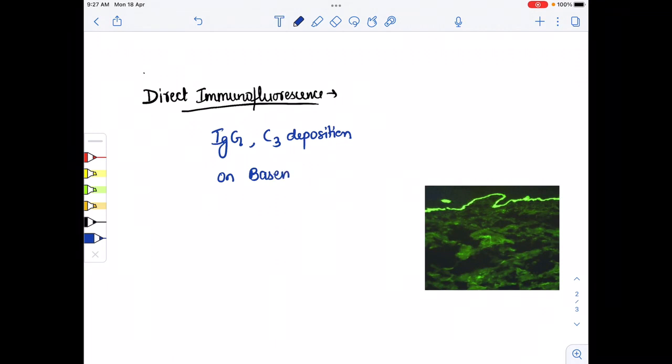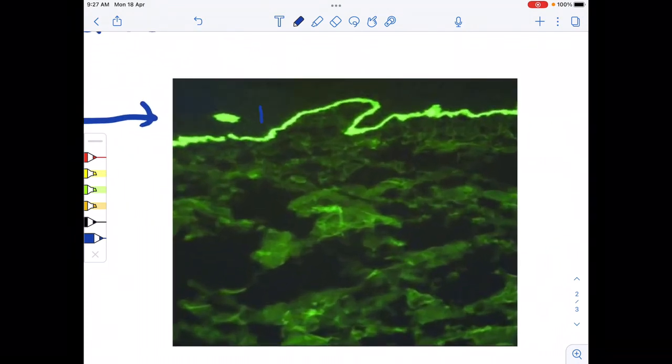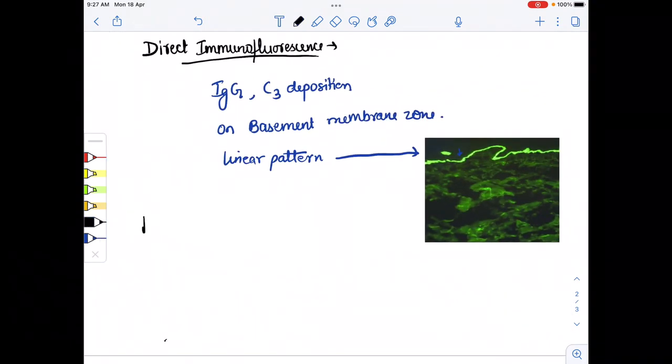Please remember, on the basement membrane zone. And on immunofluorescence, we can easily see a linear pattern, as we can see here.